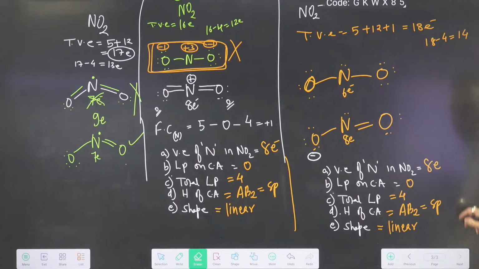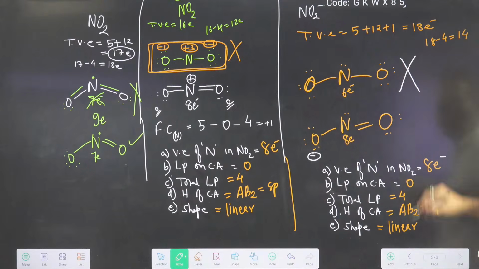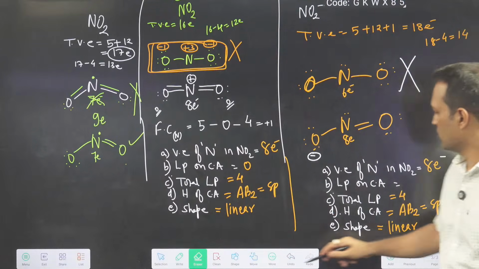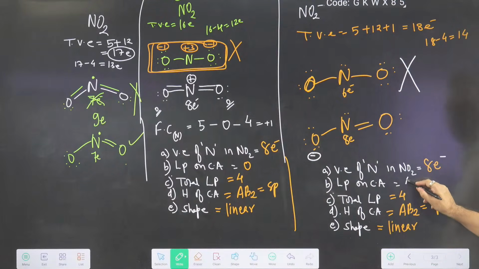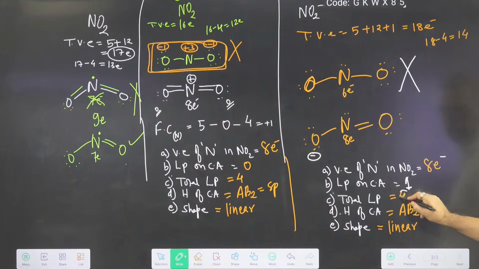Tell me. I think the first one is correct only. 8 electrons are there. This diagram is wrong. Lone pair on the central atom: this time it will change. So lone pair on the central atom is 1. Total lone pair 3, 2, 5, 5 and 1, 6. This will also change.